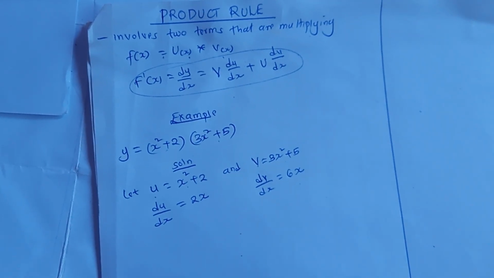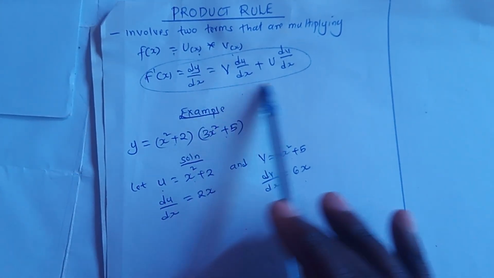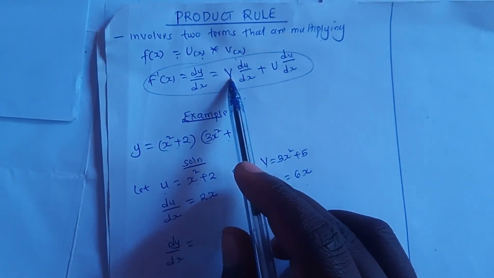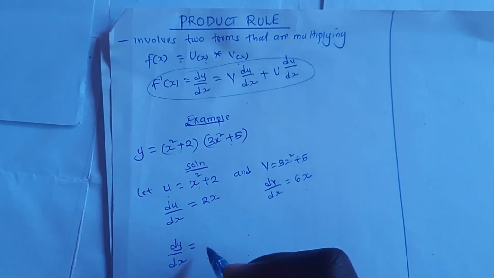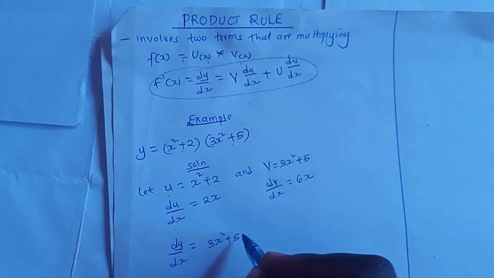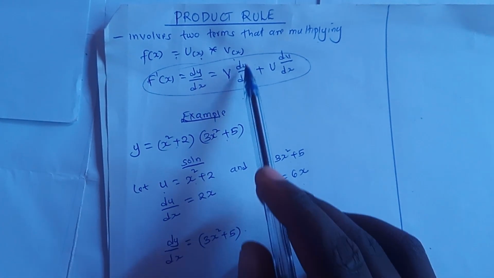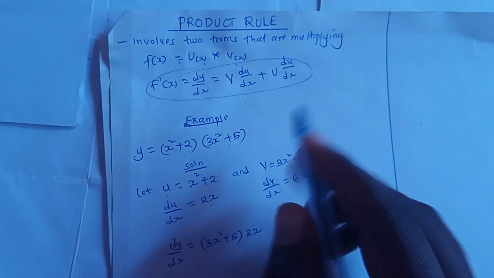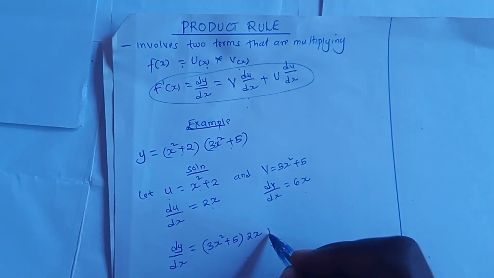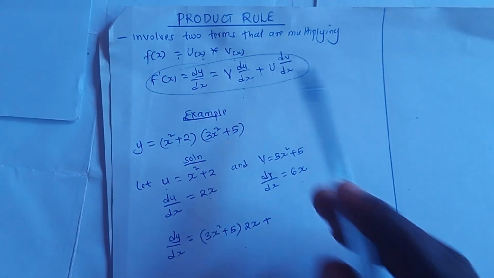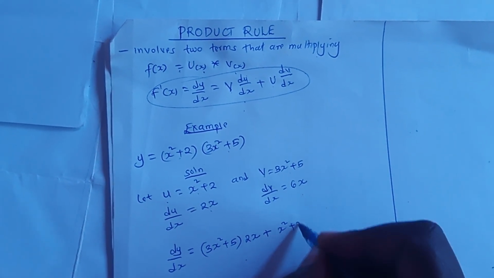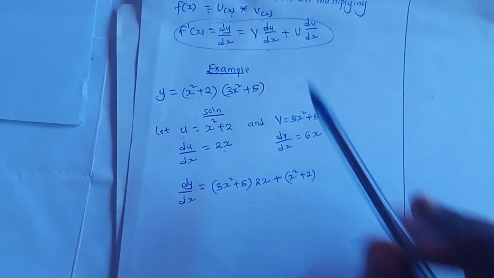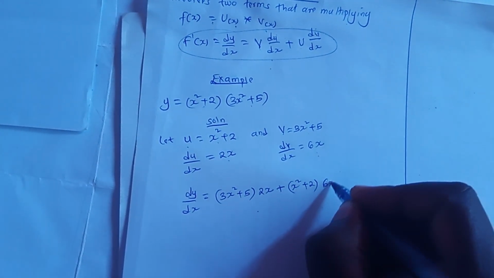Therefore, we now apply our general formula that says dy out of dx is equal to v. Our v is 3x squared plus 5, then we multiply by du dx, which is 2x. Then we add u, our u was x squared plus 2, multiplied by dv over dx, which is 6x.